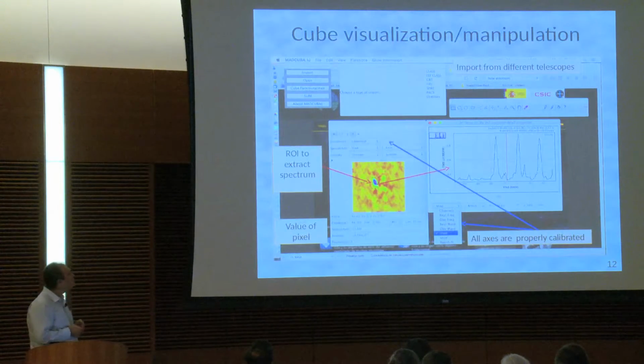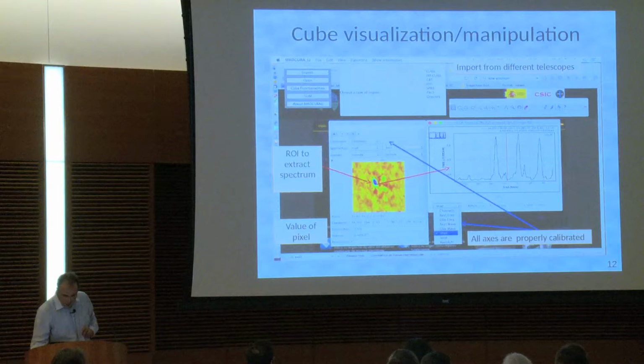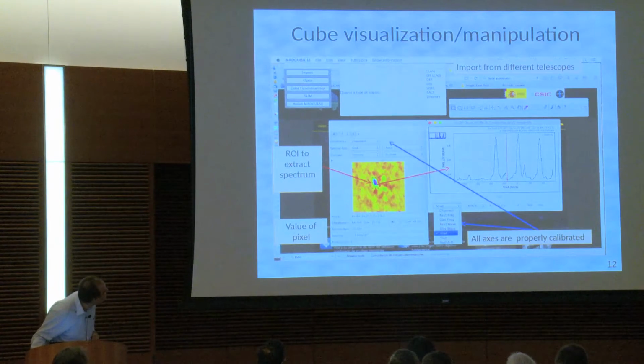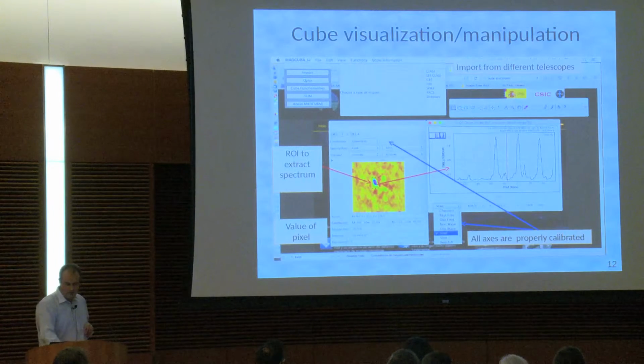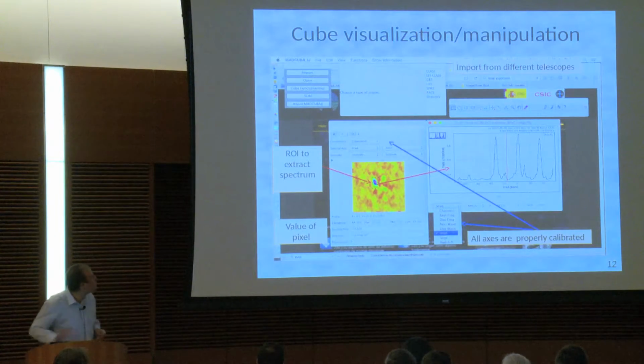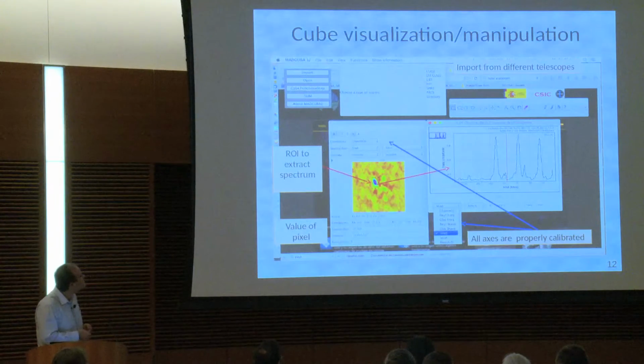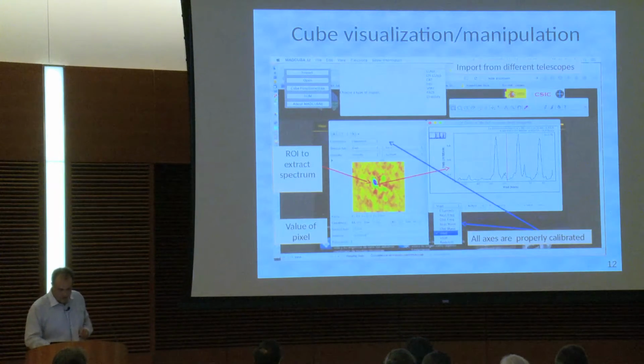One of the things we do here is visualize and manipulate cubes. So we have here a cube. It has several images. Now we are here in, I don't know which number. It corresponds with this spectral axis. So we can take the spectra and calibrate them, changing, for example, the units, the intensity, the coordinates, these things.